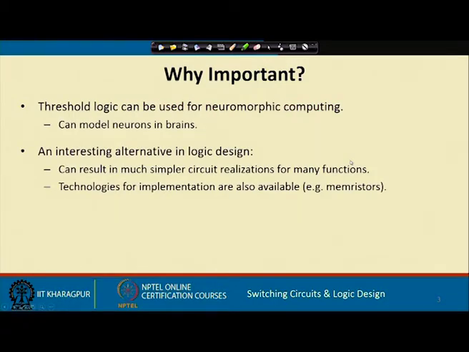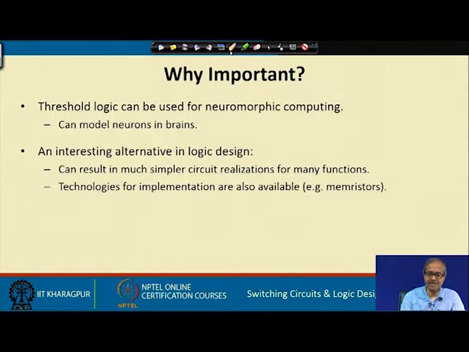Now, let us try to understand why threshold logic and threshold gates are considered important today. The first thing is that threshold logic has a direct connection with neuromorphic computing. Neuromorphic computing is a branch of computer science where we try to mimic the behavior of a brain.